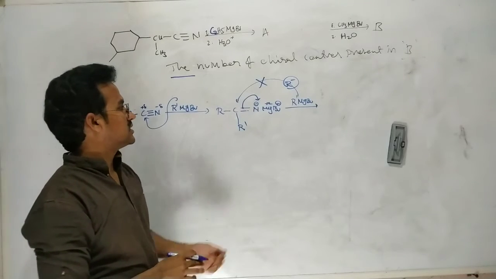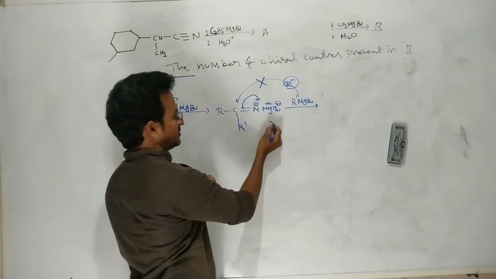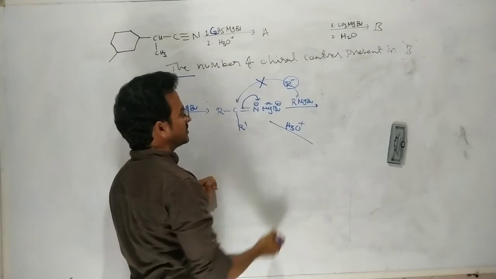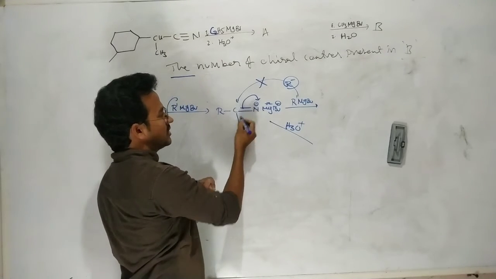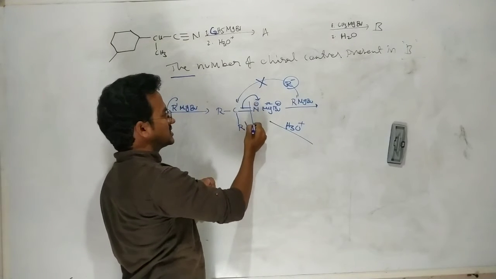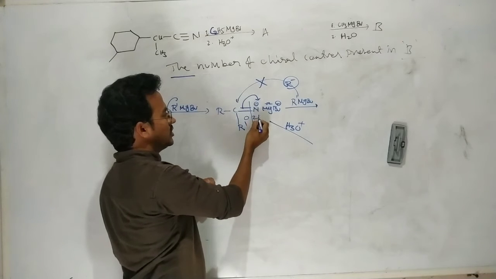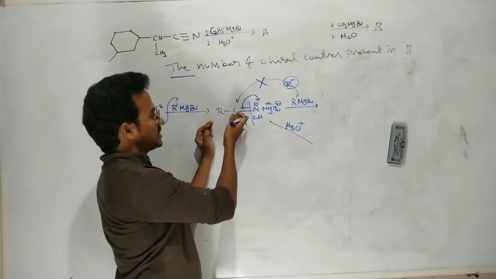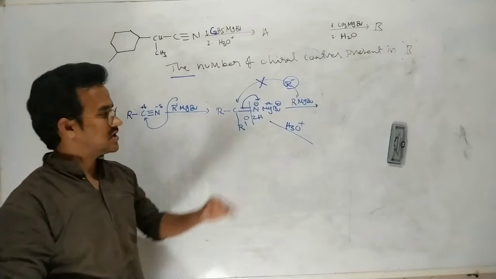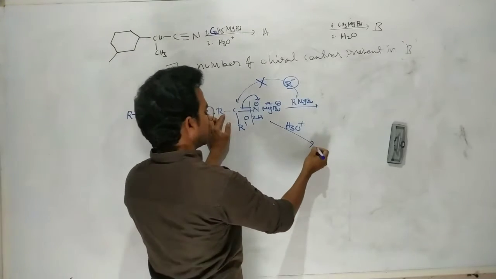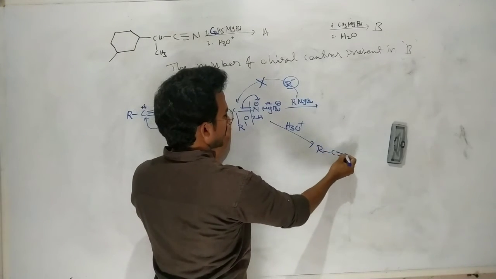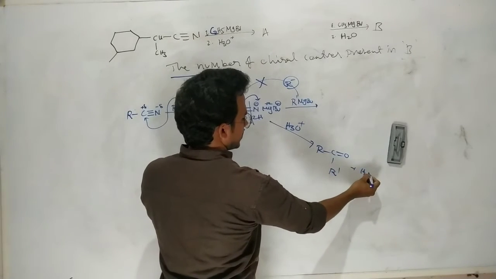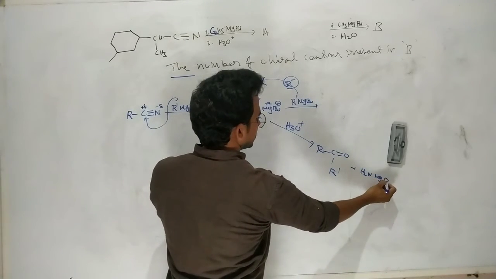So it must be hydrolyzed, that means in acid medium, hydrolysis. Here I am simply writing double bond O, two hydrogens. That means it is an imine type of compound. On hydrolysis we get RC double bond O, R' plus NH2MgBr.